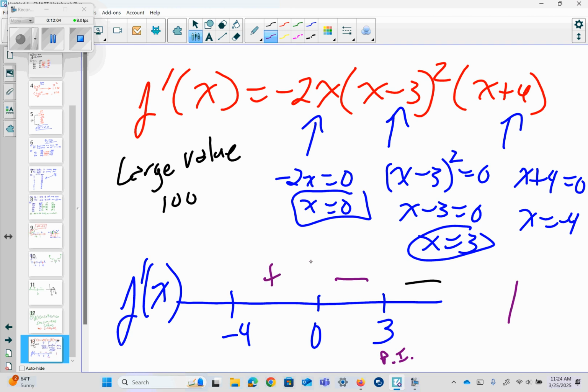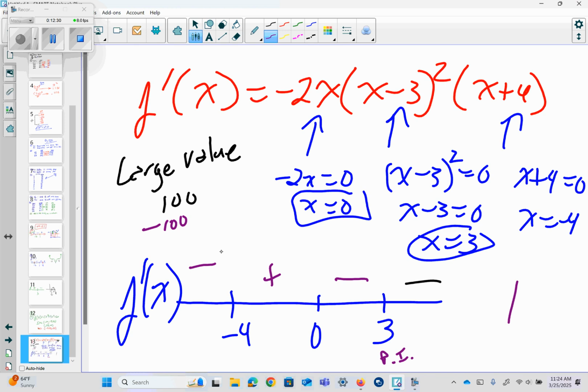And then if we pick a really small value, like -100, this is going to be negative, this is going to be positive, this is going to be positive. So positive times negative is negative. So now you're able to get your sign line. Again, you don't have to find the true value of it. You just have to think about what the sign would be for each portion, and you're multiplying the portions together.